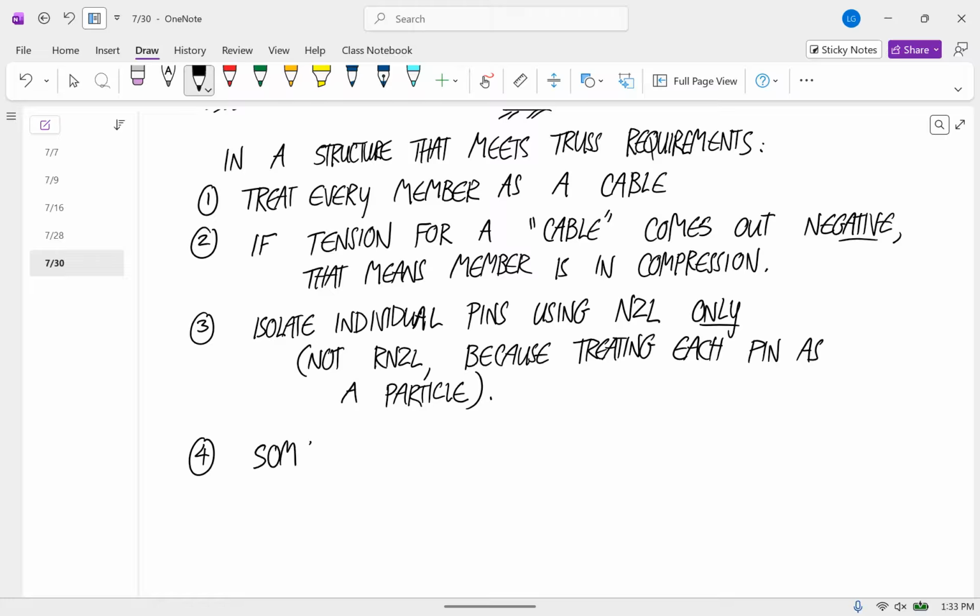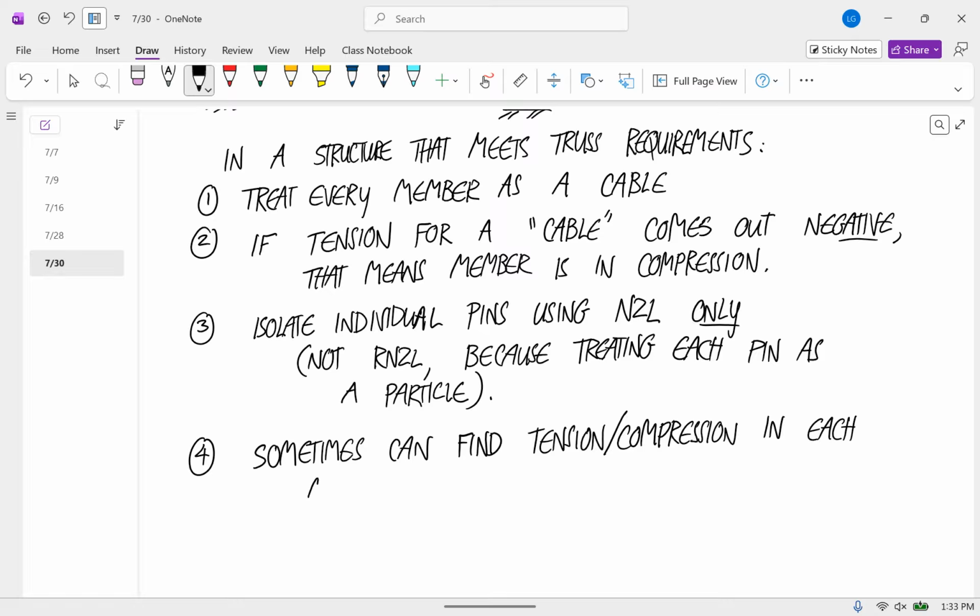Sometimes you can find the tension or compression in each member without isolating every joint.